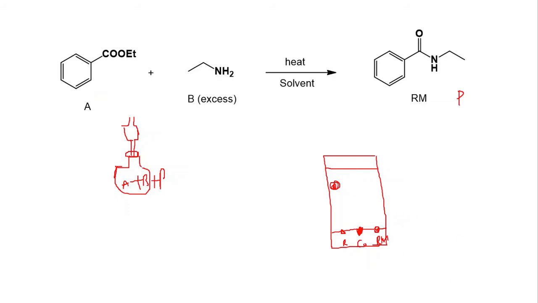Then here you have spotted reaction mixture. So this is where it moves after a certain time. If the reactant A is remaining, then you will get a spot here in the CO. If the product is forming somewhere here, you will get a spot because this is more polar than this.